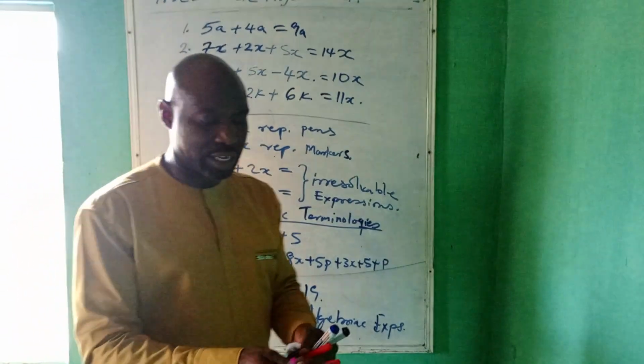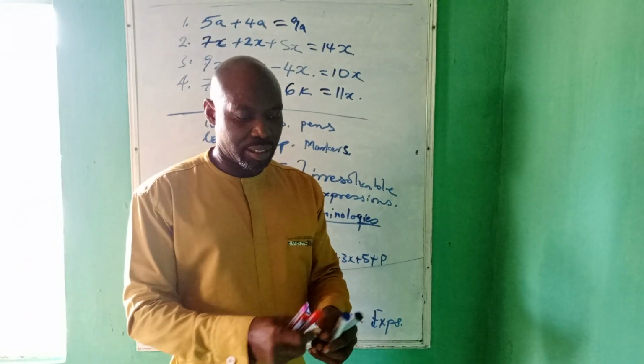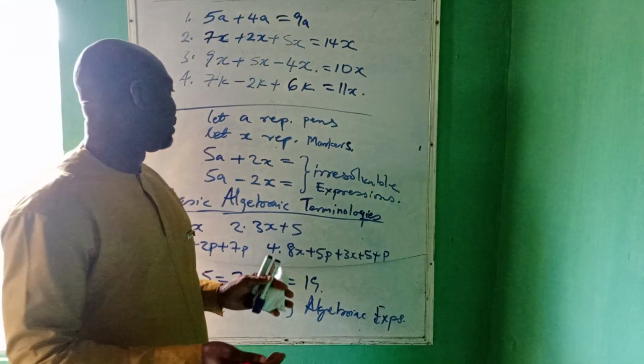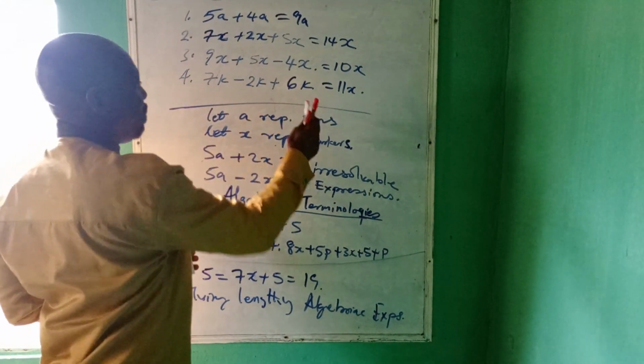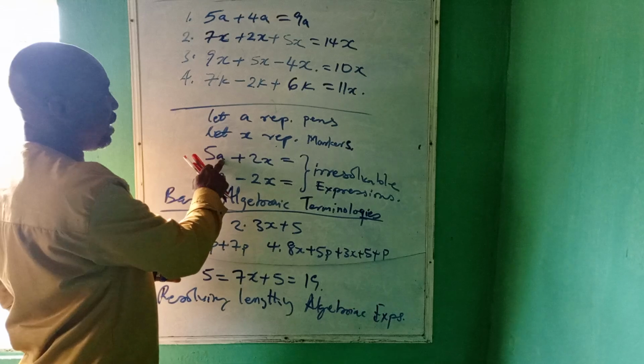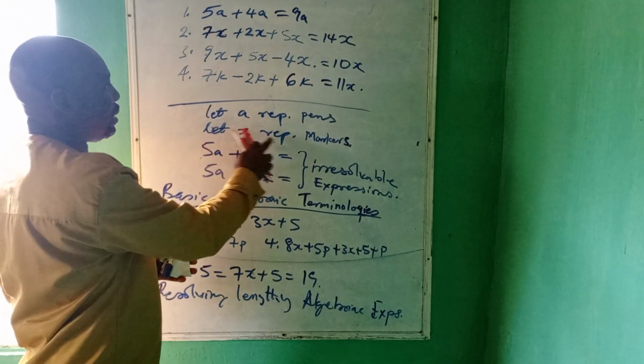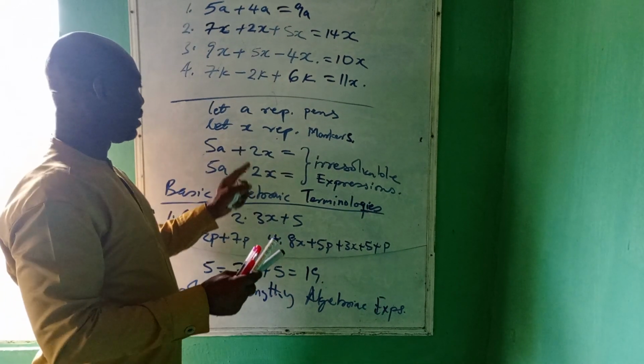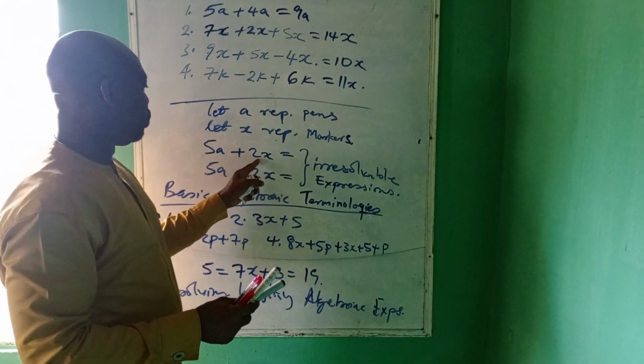I have 5 pens here with me, and I have 2 markers. Let A represent pens. We have 5a, and let X represent markers. We have 2 markers here. That is 2x.